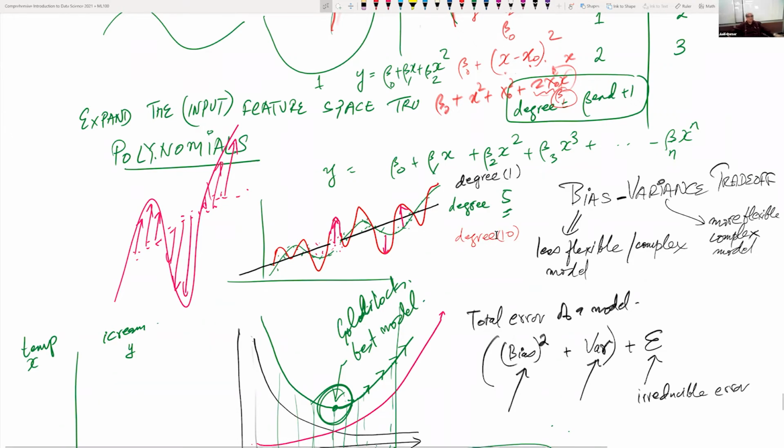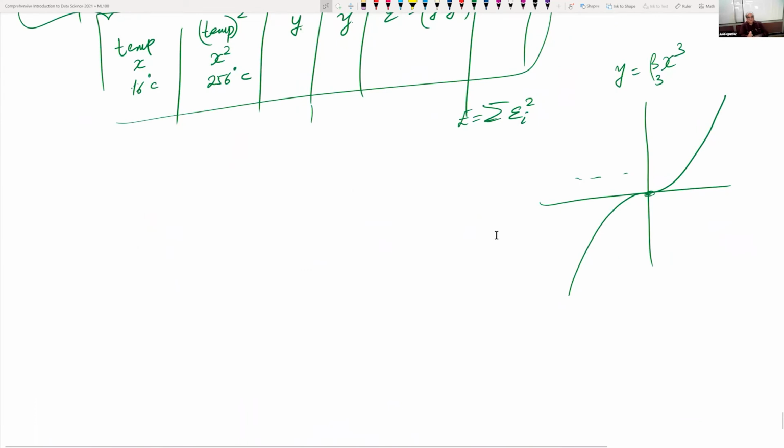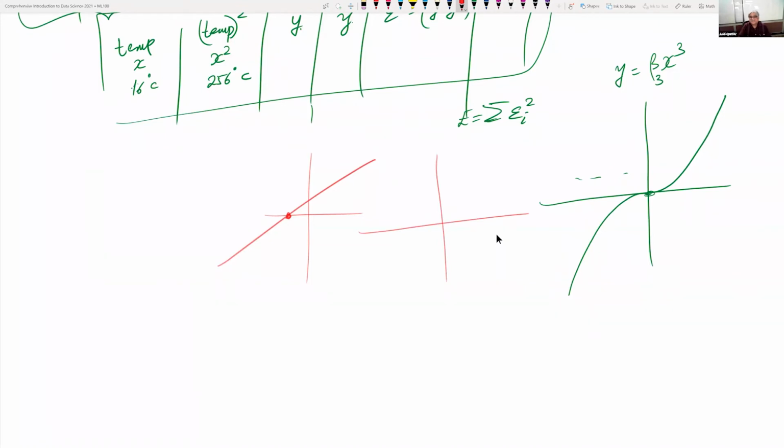So when you have a straight line, any straight line will intersect the x-axis only once. Any parabola will intersect it at most 2 times. It can intersect it only 1 time. For example, this parabola is intersecting only at the origin, so it has only 1 root. This has 2 solutions. And you know, quadratic equations have how many solutions?